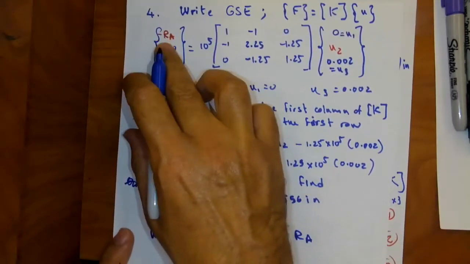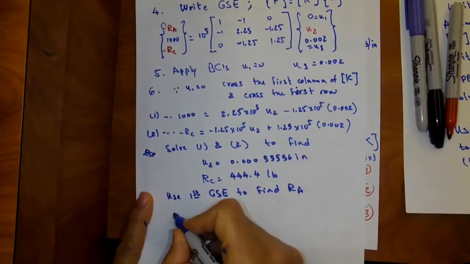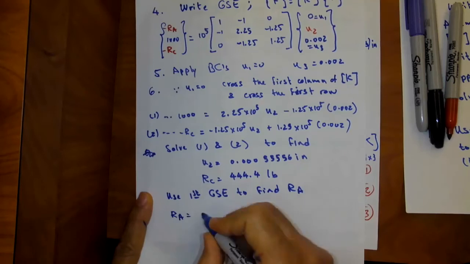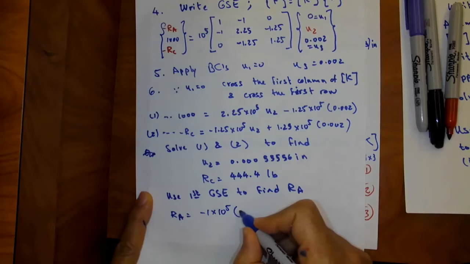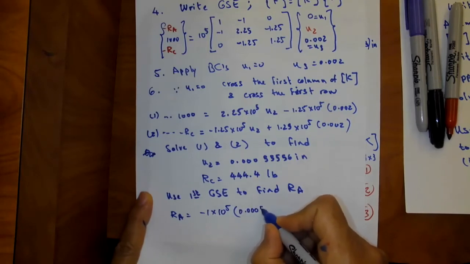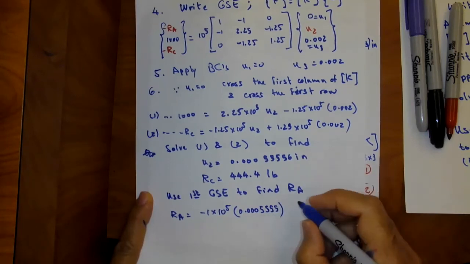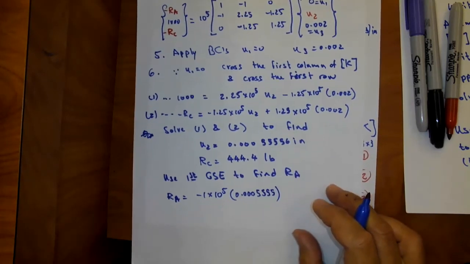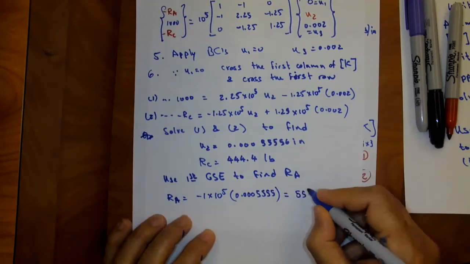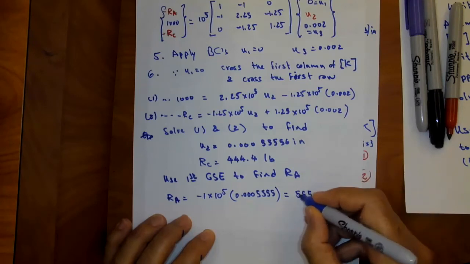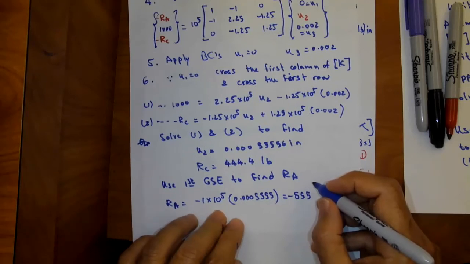So looking here at my equation, I can say that RA is equal to minus 1 times 10 to the power 5 multiplied by U2, which is 0.00555. Because now I solve for U2. So I'll find here that this is equal to 555, minus, sorry. And by the way, hold on a second.